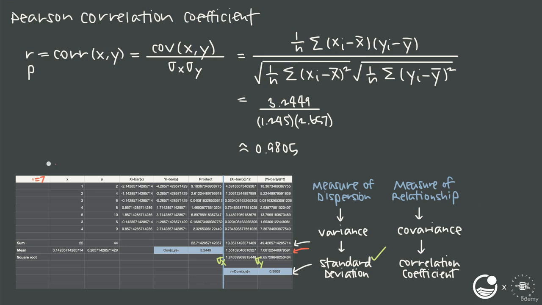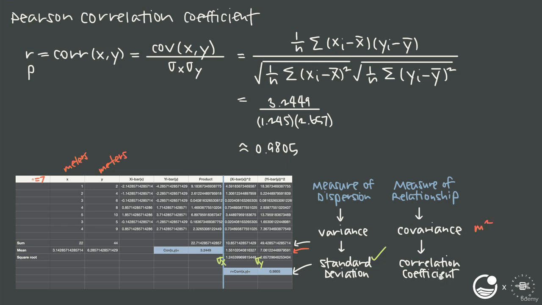So if the original units of x are in meters and the original units of y are in meters, then the units of covariance are going to be in meters squared, which gives us some idea of the measure of the relationship, but isn't super intuitive.